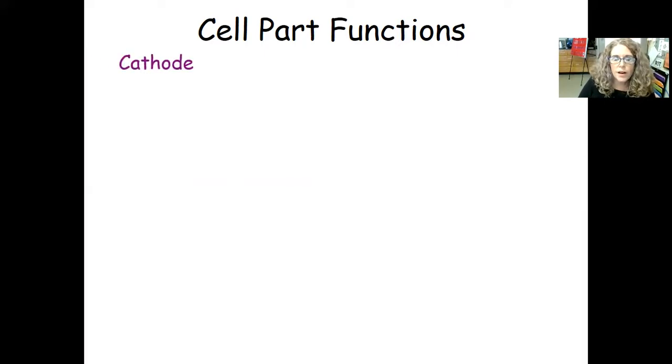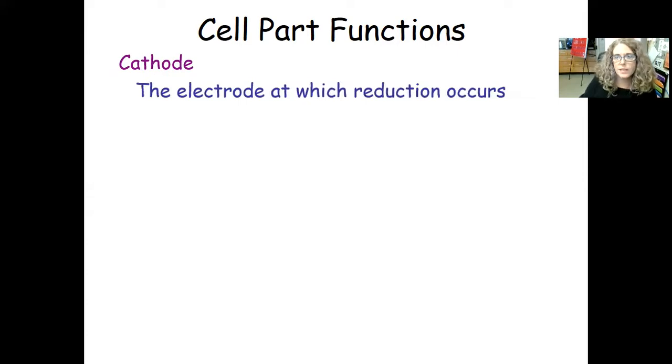So now let's look at, we have our anode, right? Anode was where oxidation occurs, losing electrons. And now we have the opposite. We have the cathode, and this is the electrode where reduction occurs. Now the electrons are consumed here, right? Consumed means in this case, gain electrons, because gain electrons is reduction.